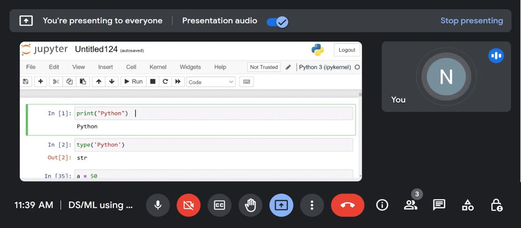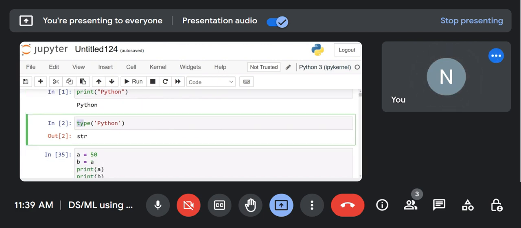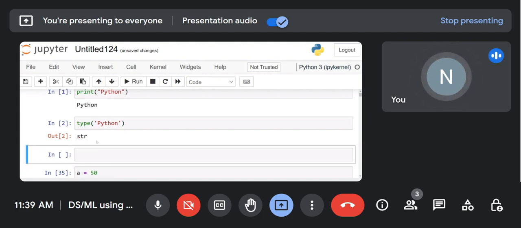You can check the type of the data. So for checking the type, we can use the type method. type Python, type Python. You very well know it's a string. So it gave me str.